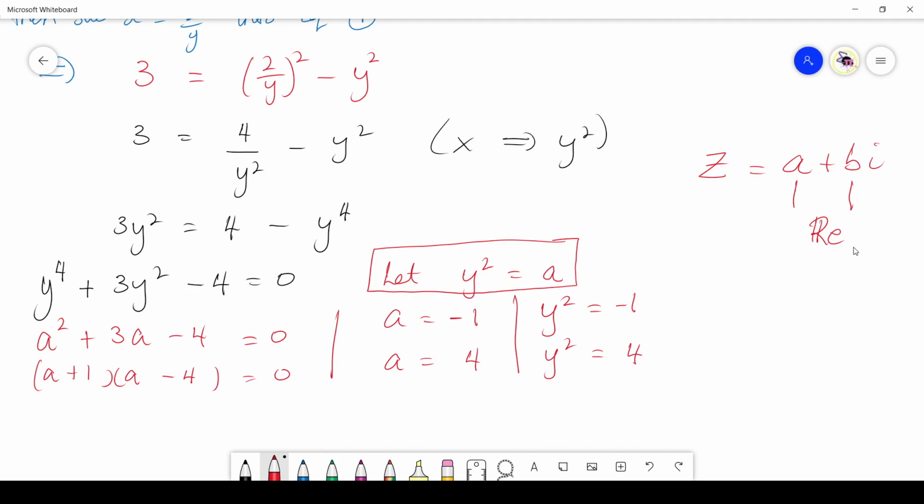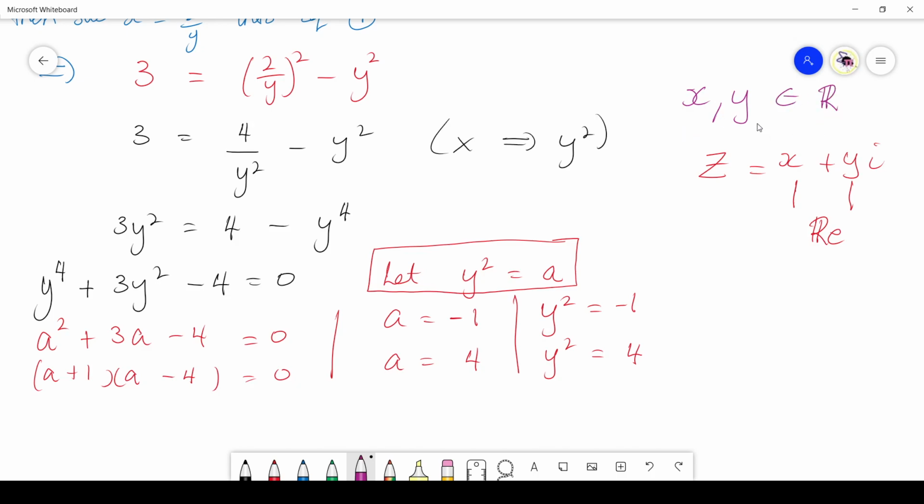Whatever a real number looks like, that's what a and b are supposed to belong to, but they have to be real. And in this scenario, they're asking us to express the complex number in the form x plus iy, which means that they want to make sure that x and y belong to the set of real numbers, right?